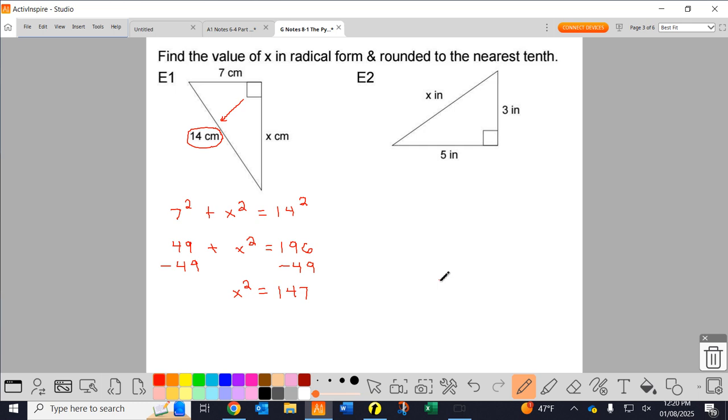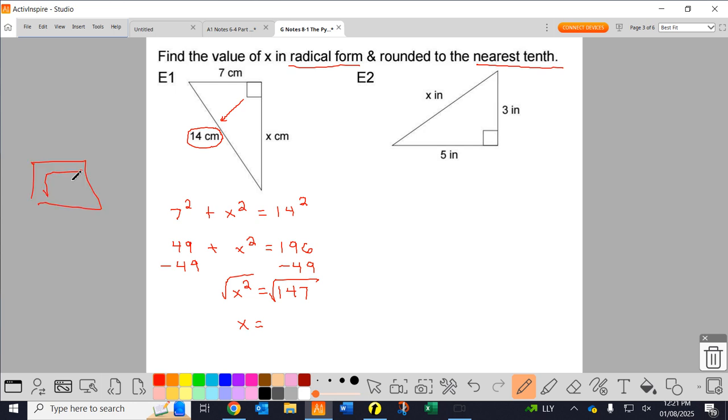So here's the deal. It wants it in radical form, because the homework and the test can ask it different ways. I think it's got a section for each. One is in radical form, and then the next one wants it rounded to the nearest tenth. So grab your calculators, hit 147, and hit the square root button. That's this one, guys. Looks like this on your calculator. Is it a whole number? No, it's got decimals.